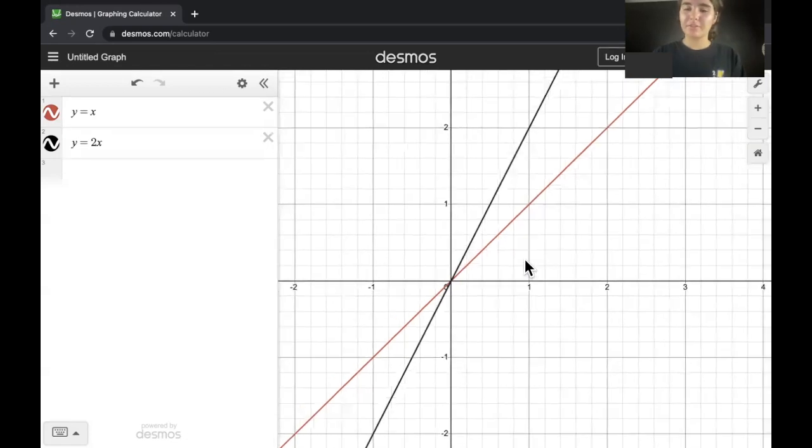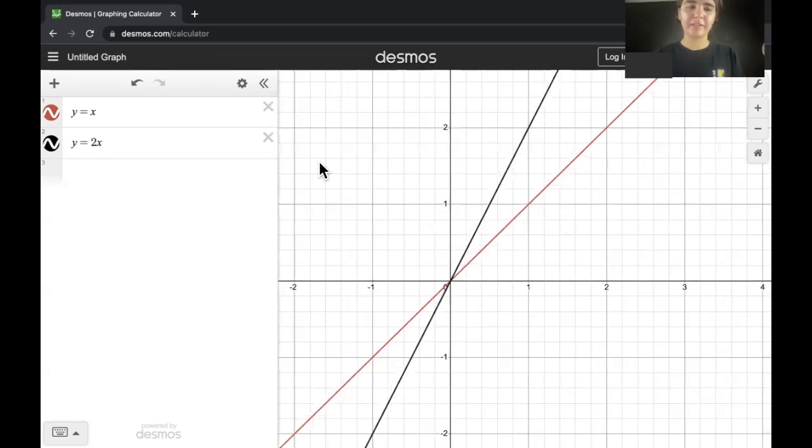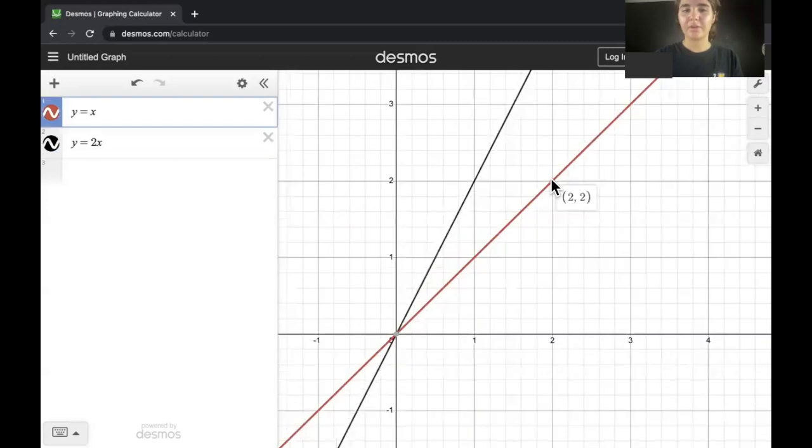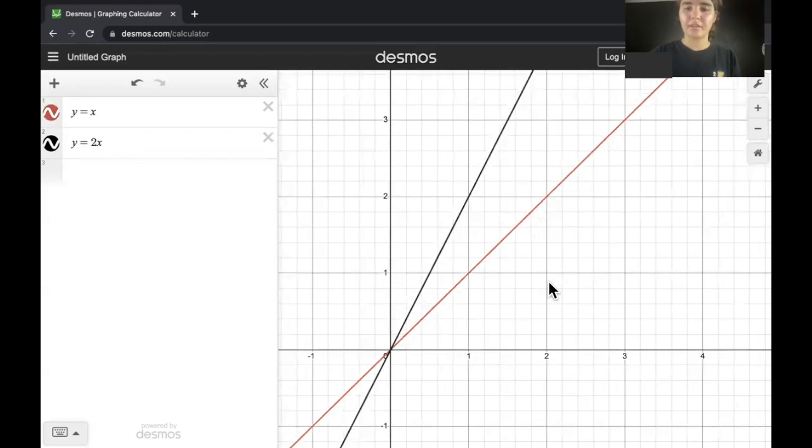Another thing we can notice is that if we consider that input-output thing again, if we plug in 1 on y equals x, it's 1, 1, but over here, it's 1, 2. And if we plug in 2 for y equals x, obviously y is going to also be 2, so our coordinate is 2, 2.